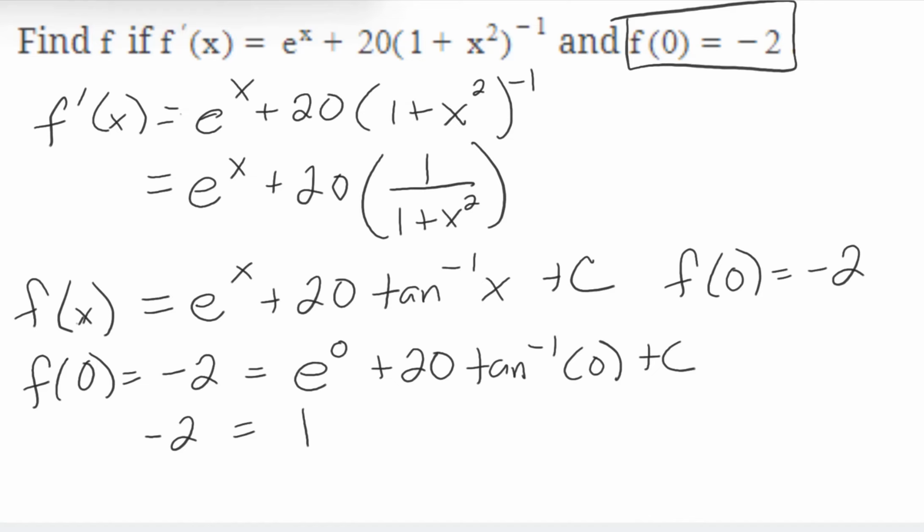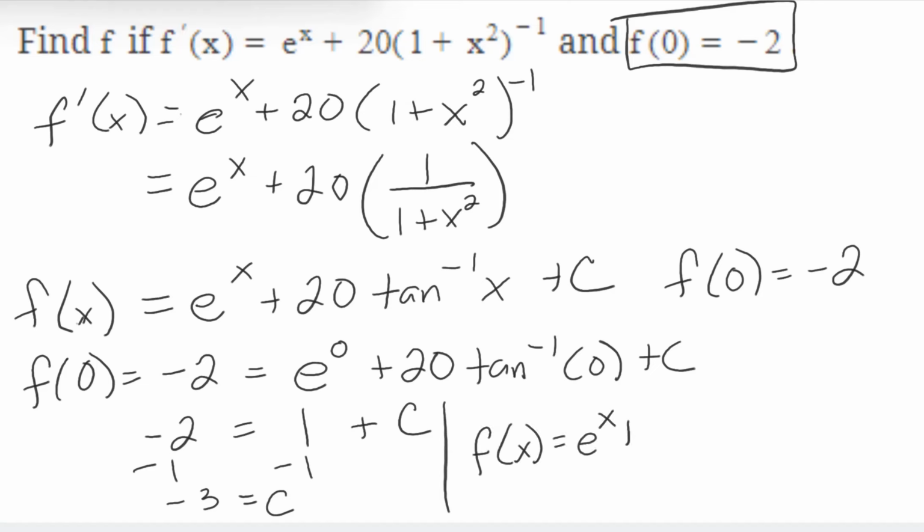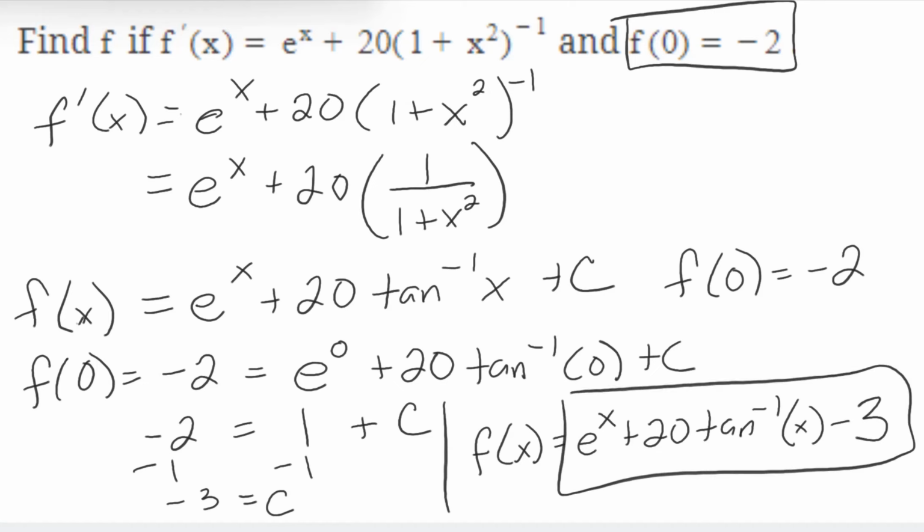Pi over 2? No, pi over 2 is infinity, actually. It's 0. So 20 times 0 is 0. So plus c. If I subtract 1 from both sides, -3 equals c. So my total function is e to the x plus 20 arctan of x minus 3. And that's my final answer.